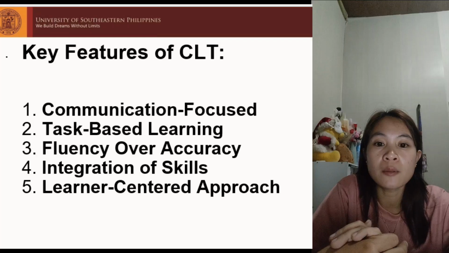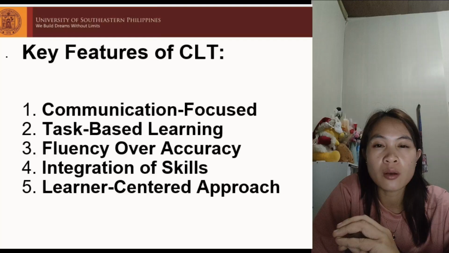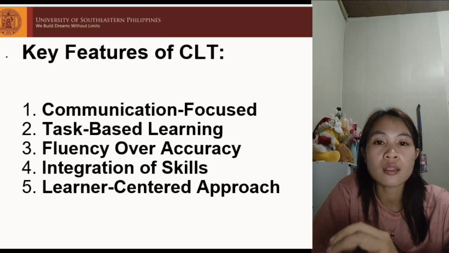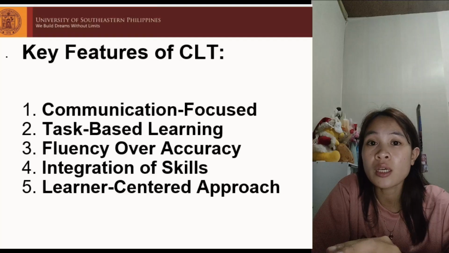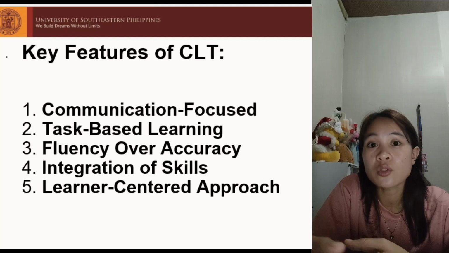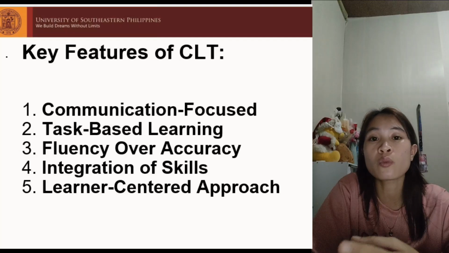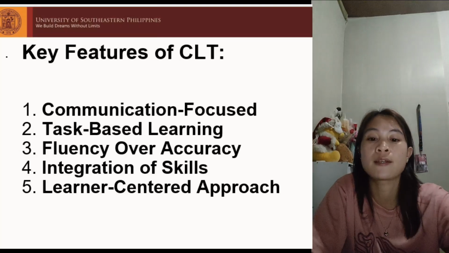And lastly, it is learner-centered, since in this approach, the teacher acts as a facilitator only, not dominating the lessons, but rather allowing the students to discover their fullest potential through communicating with others.